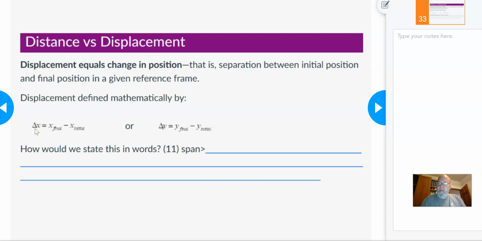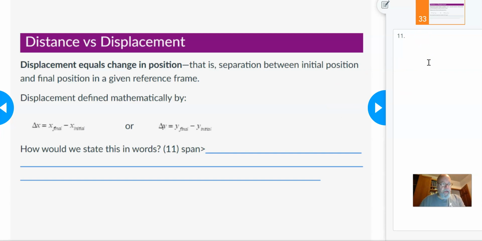So x final minus x initial, or if I'm on the y-axis, y final minus y initial. We want to make sure that we can turn our math statements into words, so I'm going to come over here in my notes and type this out for you.